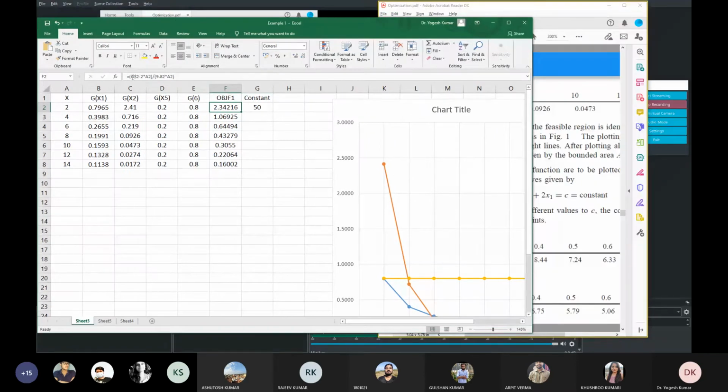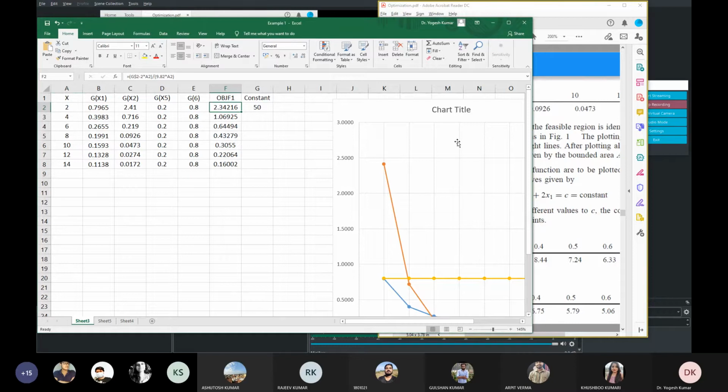Here you can see, this constant c minus 2 x1, meaning 2 into a2, divided by 9.82 into a2. Okay, so this column is corresponding to the values of the objective function at the points x1 equal to 2, 4, 6, 8, 10, 14.